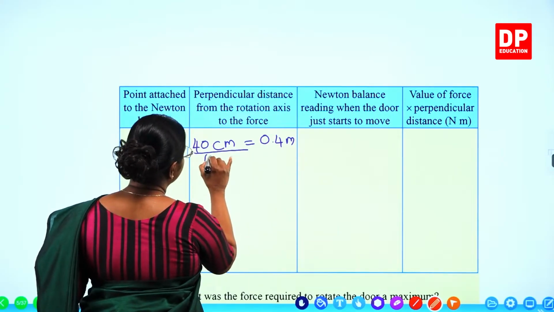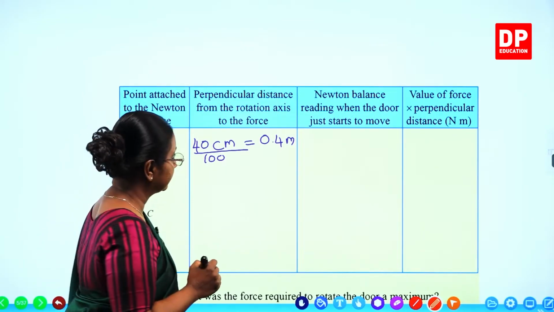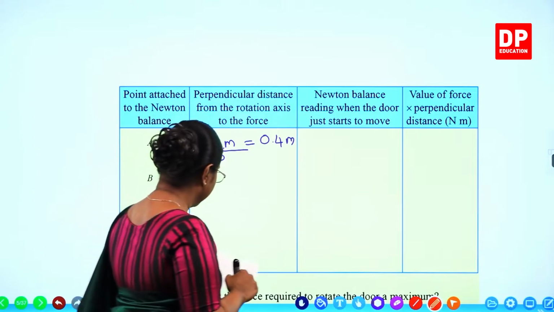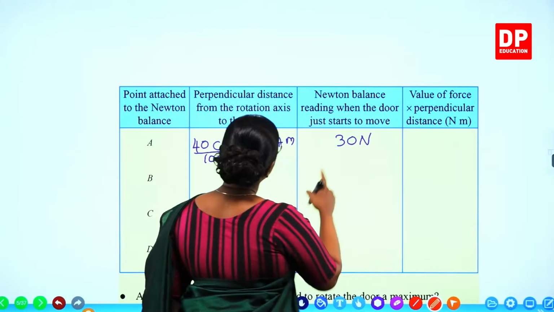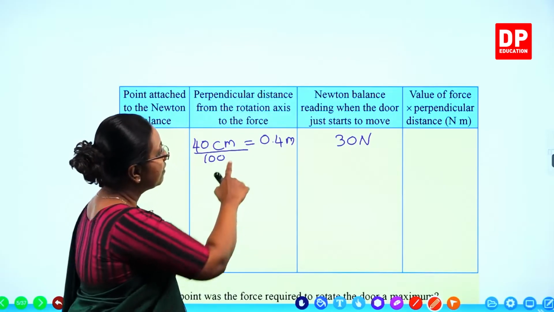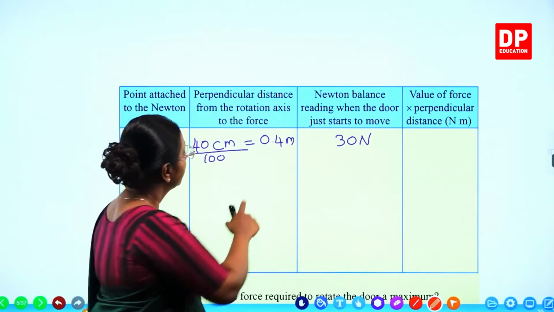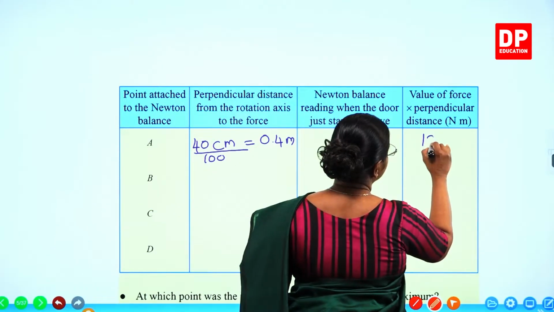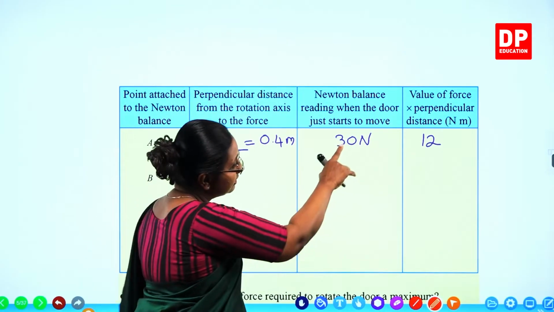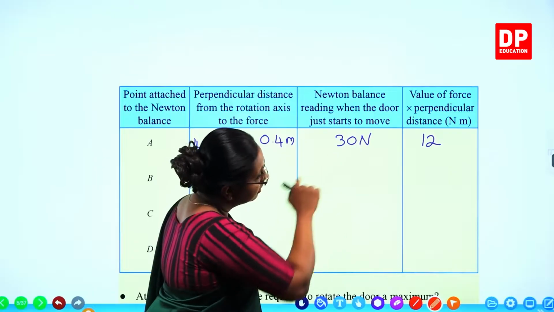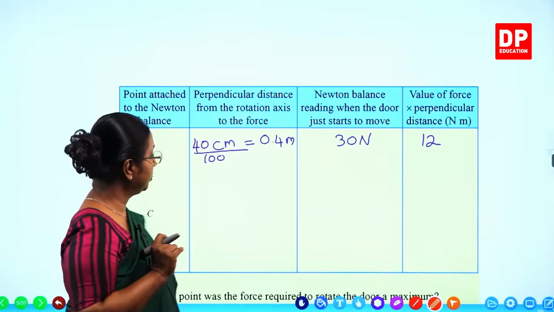Then the Newton balance reading, let's say it's 30 Newton. So, what will be the product? Value of the force 30 Newton into perpendicular distance. Here it is going to be 12 and the unit will be Newton meters. Since it's given with the heading, I am not going to rewrite the units.